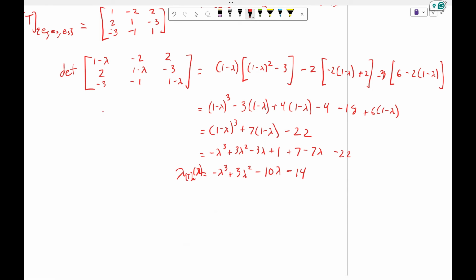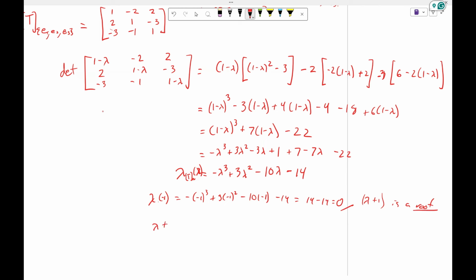So if we look at the characteristic polynomial at -1, this equals minus -1 cubed plus 3 times -1 squared minus 10 times -1 minus 14, which equals 14 minus 14, which equals 0. This tells us that lambda plus 1 is a root. So we can divide out by lambda plus 1.